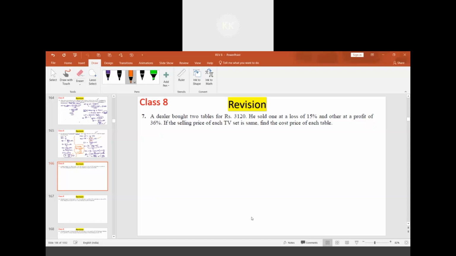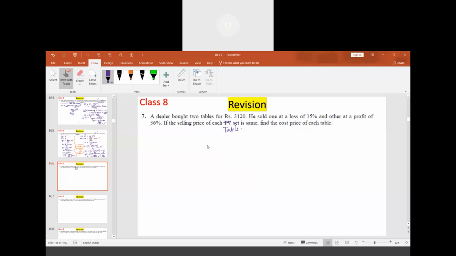Here the selling prices are the same. So how to go about the question?